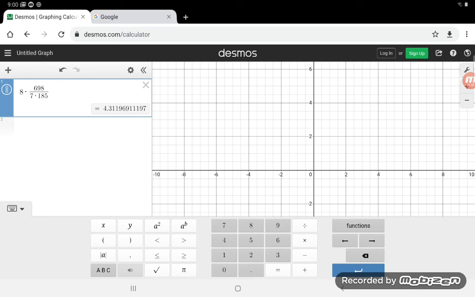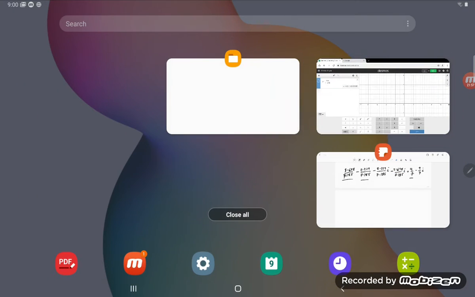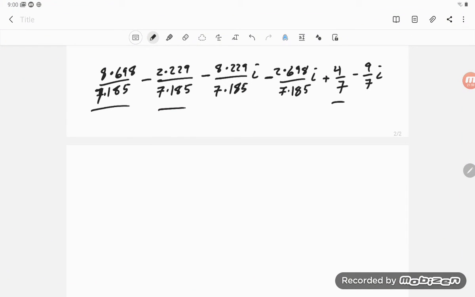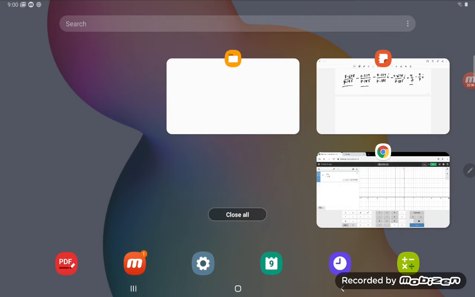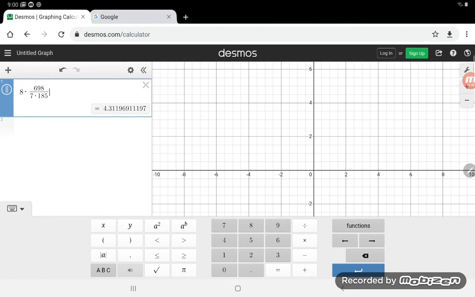Okay, so I have that term, and then I have a minus, I think. Is that right? Yes, minus 2 times 229, and that is also divided by 7 times 185.